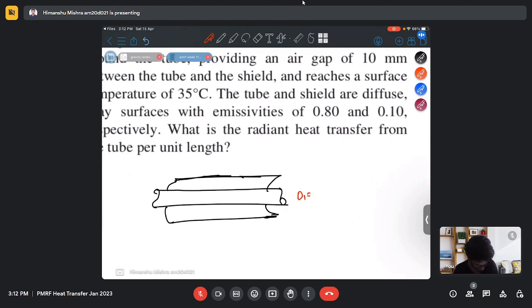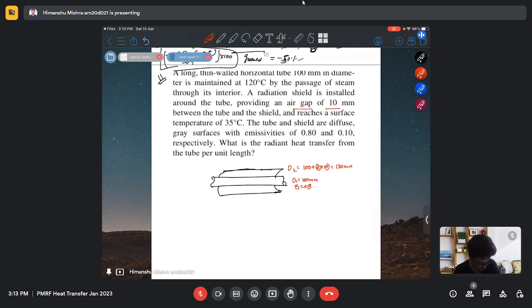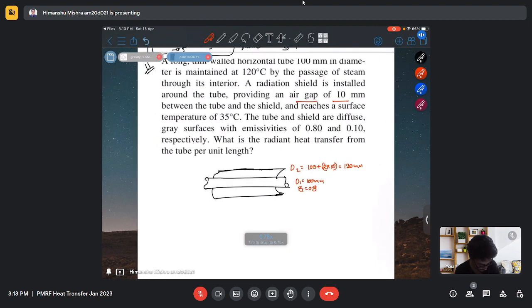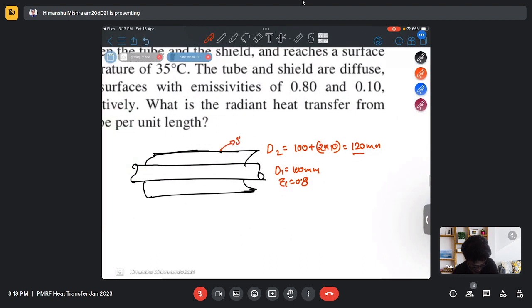The diameter of the tube is 100 mm and emissivity is 0.8, and the diameter of the shield is 120 mm because it is given that there is an air gap of 10 mm around the tube, so it will be 120 mm for the shield.